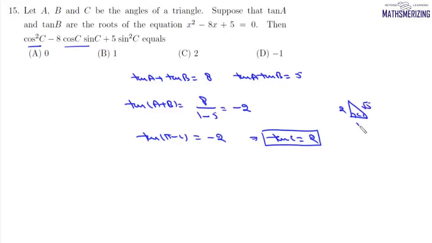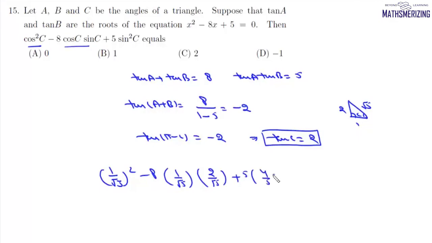Now cos square C will be simply 1 by root 5 square, minus 8 times cos C and sin C. So this value will be 1 by root 5 and 2 by root 5, and then plus 5 times sin square C, which will be simply 4 by 5. So it will be 5 in the denominator and the numerator will be 20 plus 1, 21, minus 16, which will be 5. So this value is equal to 1, and that's your option B.